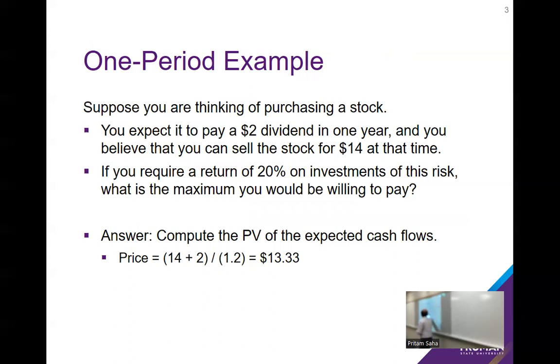You require a return of 20%. So don't get confused. This is the discount rate. This is the required return. And this is also the cost of equity. Required rate, discount rate, cost of equity.